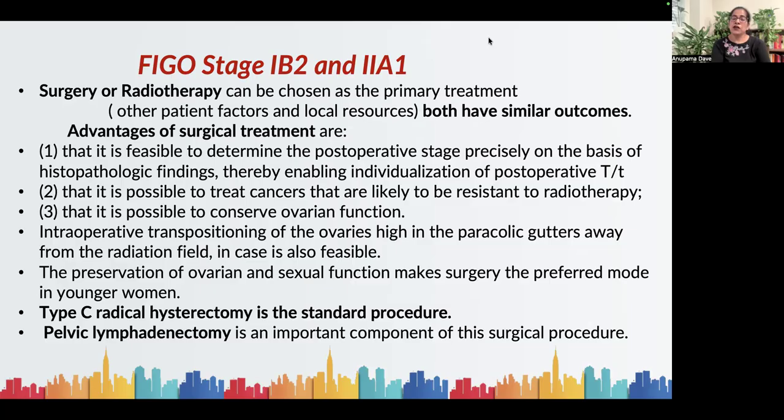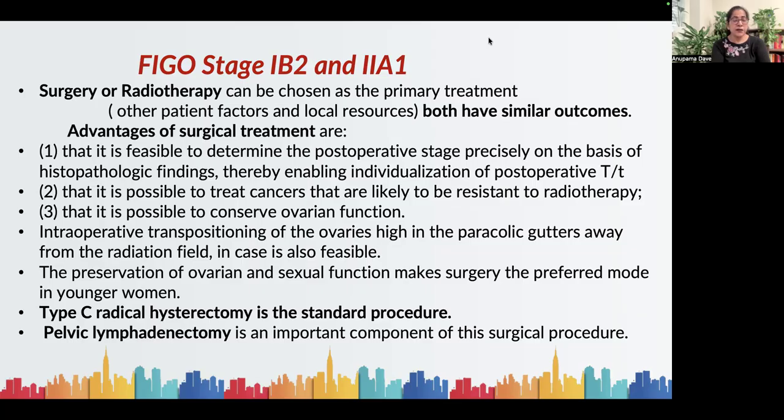Intraoperative transposition of ovaries high in the paracolic gutters away from the radiation field is also feasible. Preservation of ovarian and sexual function makes surgery the preferred mode in younger women. In these cases, a type C radical hysterectomy is the standard procedure.